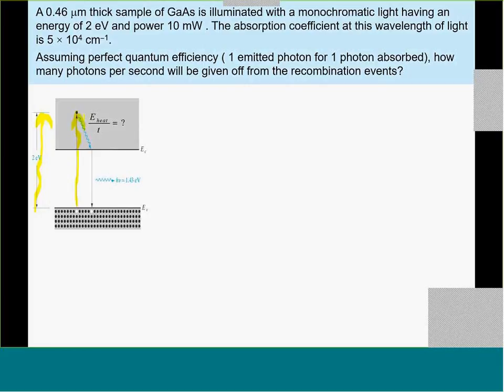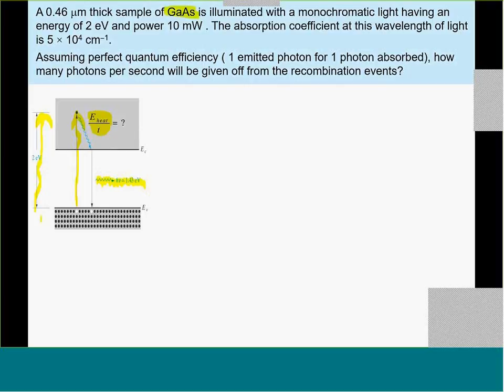But before it recombines to give out a photon of energy 1.43 eV, because our sample is gallium arsenide, the band gap is 1.43 eV, we need to know how much heat is given out. Then only can we know how many photons are given out per second.